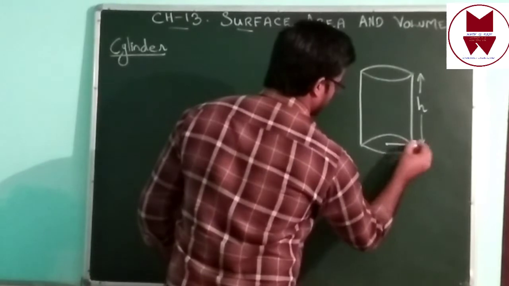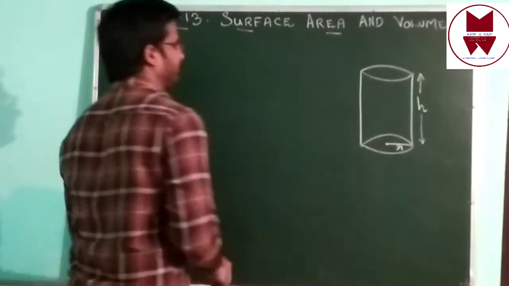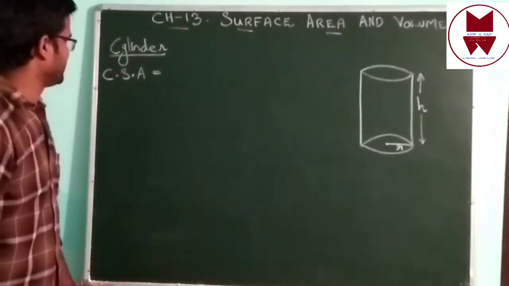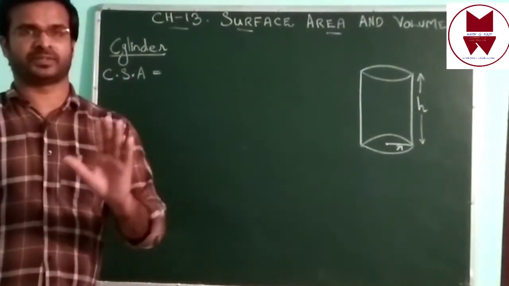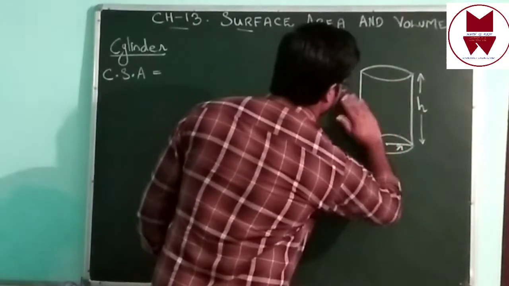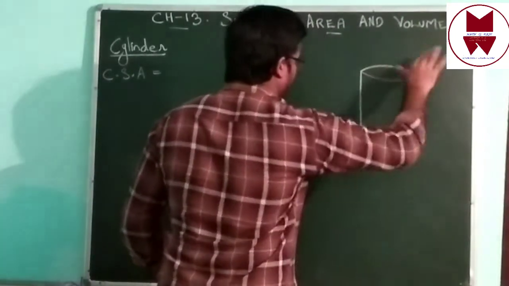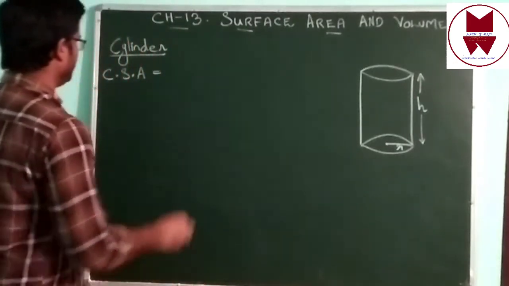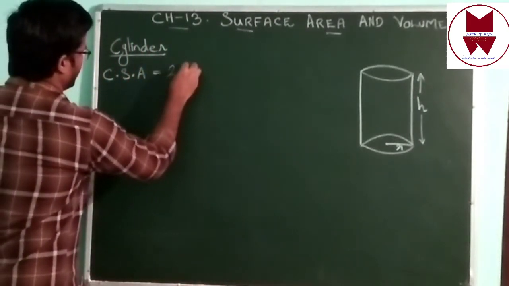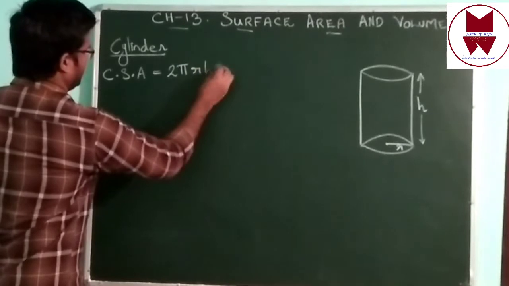Then radius. First we can check CSA. CSA means curved surface area. Curved surface means this side. Only bottom and top, just leave it. Then remaining that curved shape, that area is 2 pi r h.